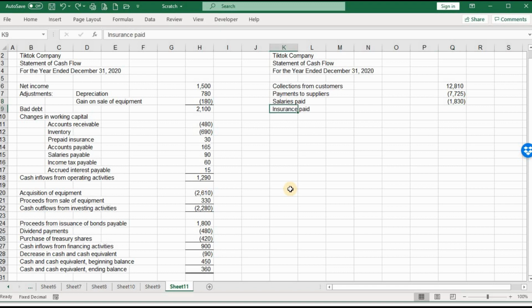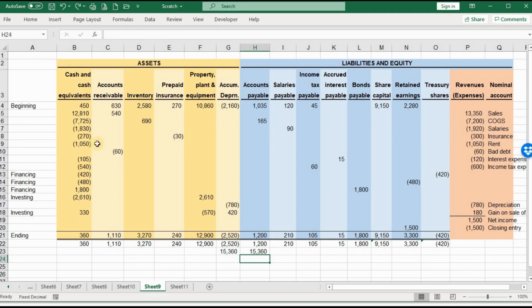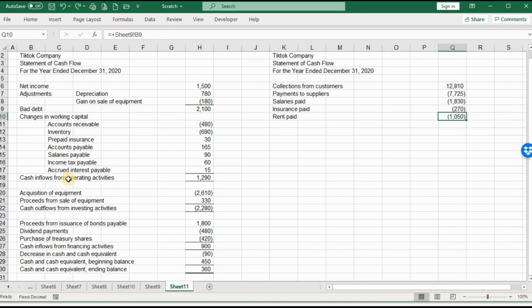Next is the insurance paid for 270 pesos and rent paid for 1,050. Take note that these amounts were obtained from the cash and cash equivalent columns that we have prepared in our accounting equation. Then after this is the cash generated from operations for 1,935.